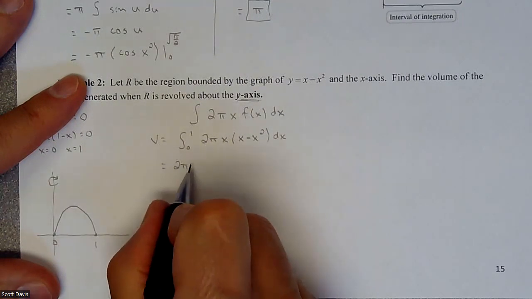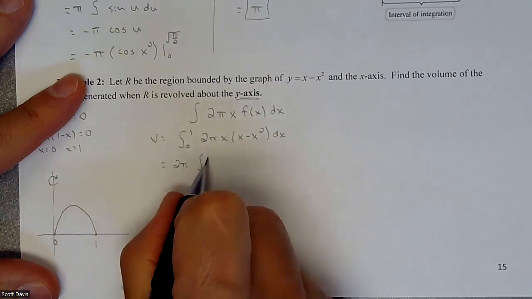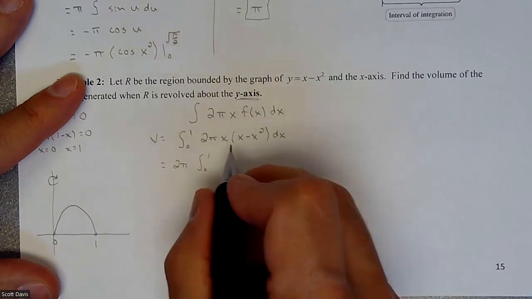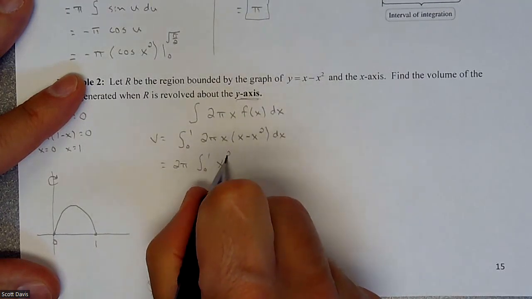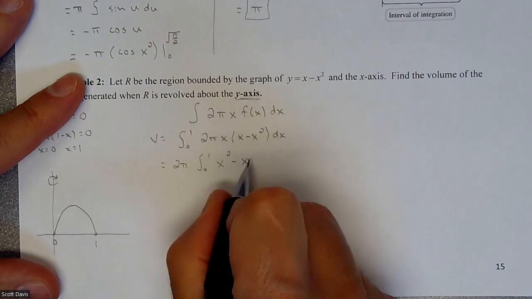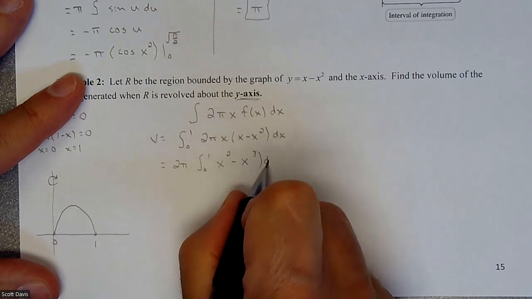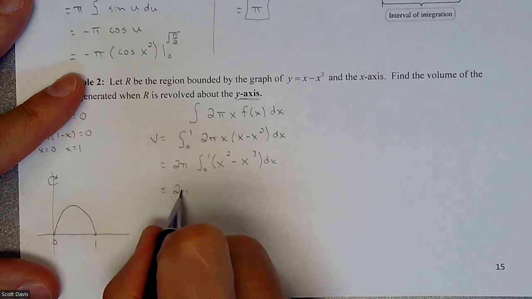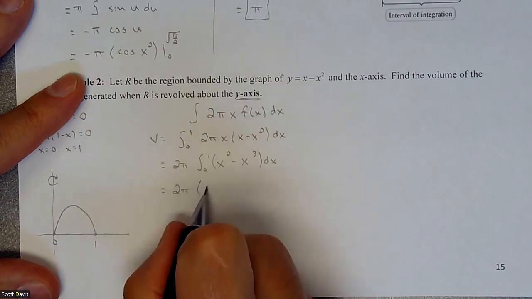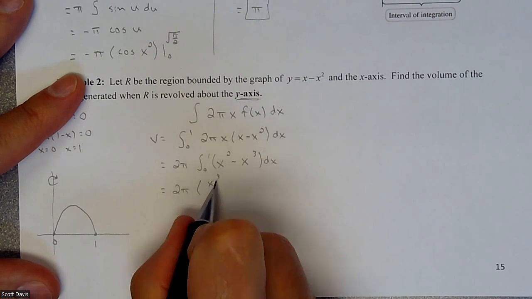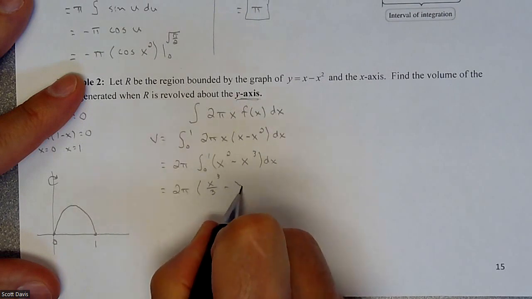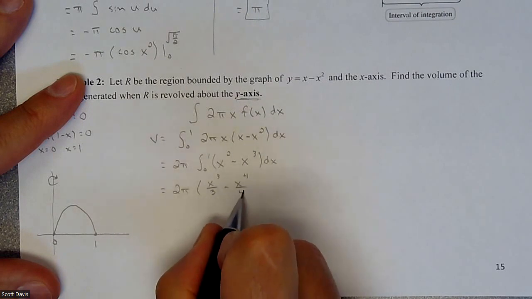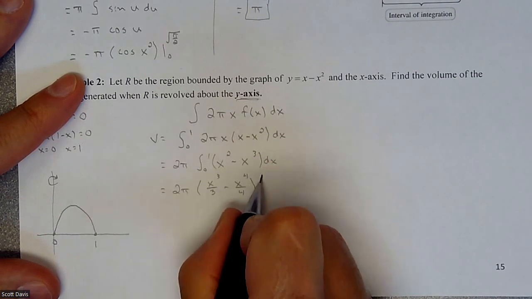Then we'll distribute the x in, so that'll be x squared minus x cubed. And we are going to do the antiderivative of that. We add a power: x cubed divided by 3 minus x to the 4th divided by 4. And we're going to go from 0 to 1.